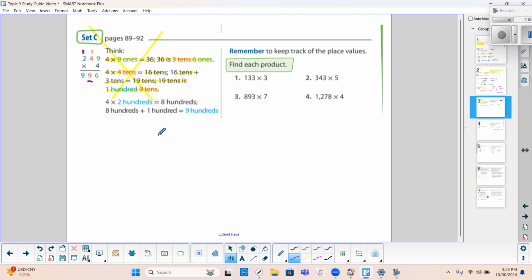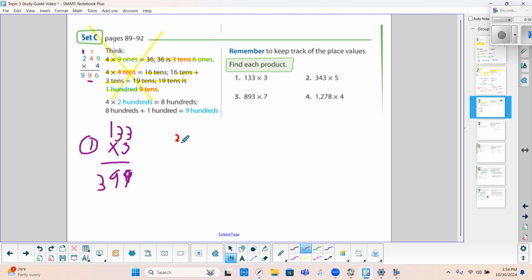All right, 3 times 133. For this problem, there is going to be no carrying. 3 times 3 is 9. 3 times the 3 in this place value is 9. And 3 times 1 in this place value is 3. So the answer is 399.